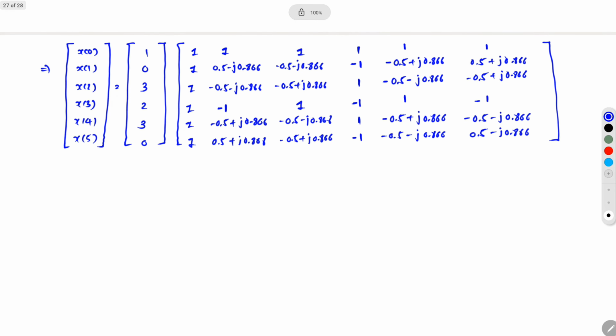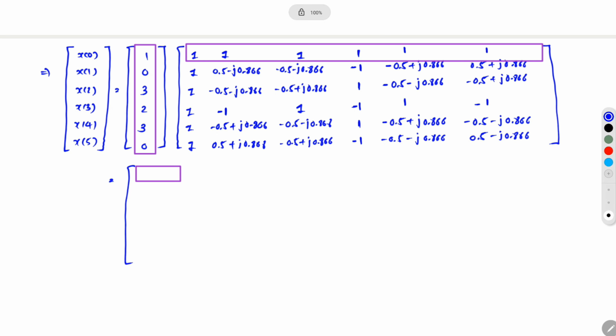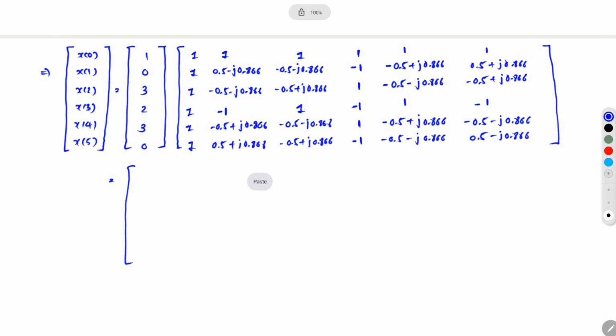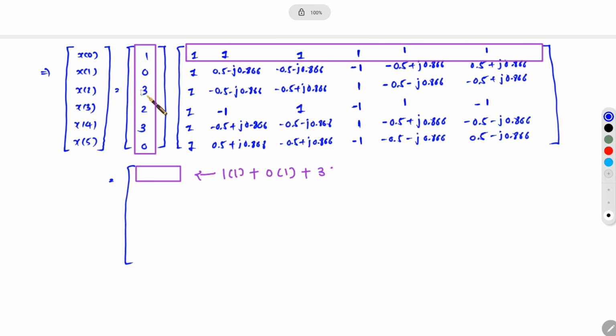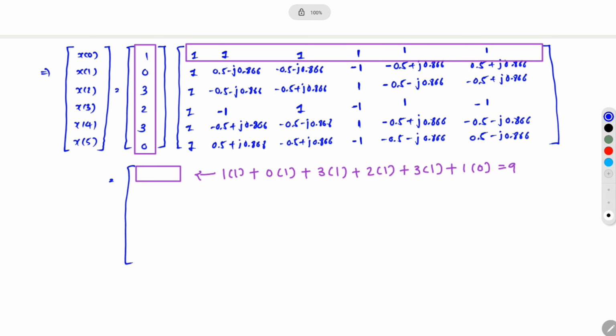Let me explain that. See here, first of all, we need to identify the first element over here. That is the multiplication of this column into this row. So that will be 1 into 1 plus 0 into 1 plus 3 into 1 plus 2 into 1 plus 3 into 1 plus 0 into 1. If you solve this, you will get 9 in total.